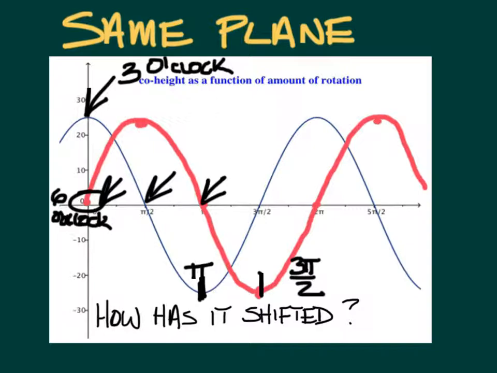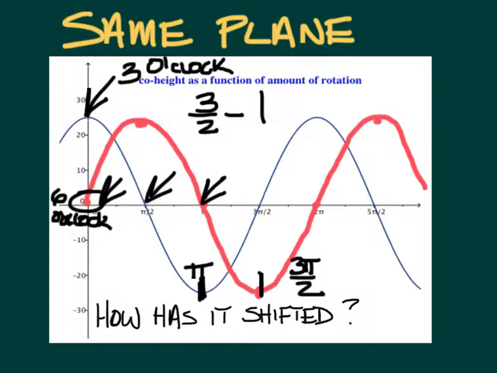So the difference between 3 pi over 2 and pi is going to let us know how much this has shifted. What is the difference between 3 over 2 and 1? It's what? Yeah, 0.5, that's right. So 0.5 turns out to be the same thing that we had before.